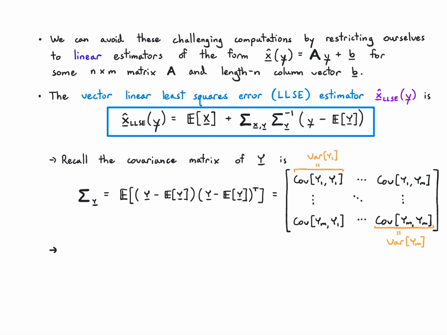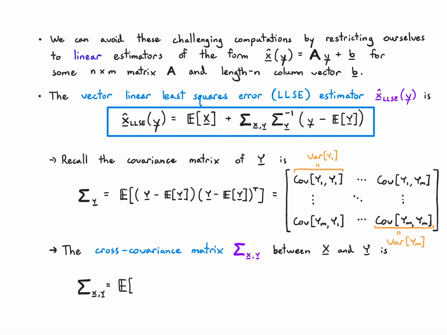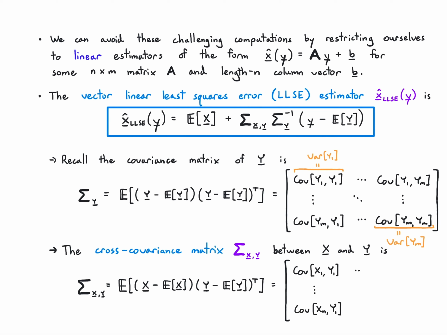So what I'm left with is, what is this sigma xy? That turns out to be the cross covariance matrix, sigma xy, and we're going to define it here. What I'm going to do is take this outer product of x minus its mean times y minus its mean. The way that looks is it's going to be the covariance of x1, y1 up to the covariance of xn, y1.